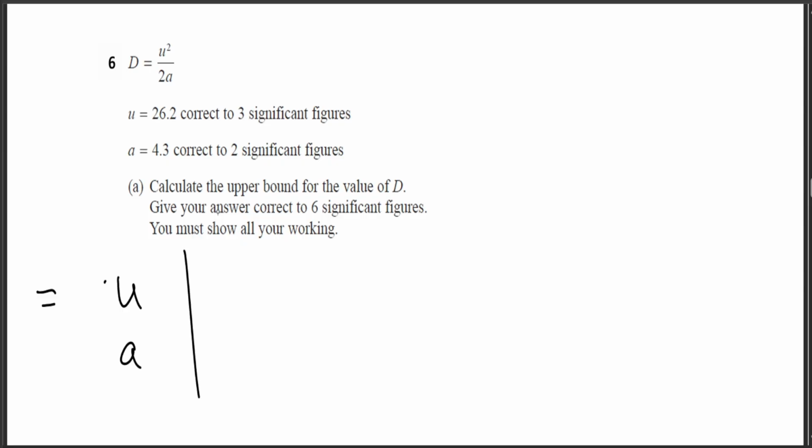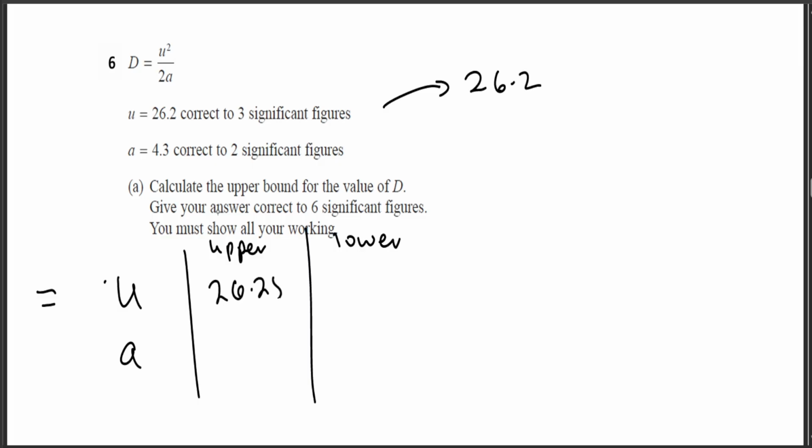Okay, so let's find the upper and the lower. The upper of u, because u is 26.2, is going to be 26.25. The lower of it is going to be 26.15. Just imagine this scenario where you have 26.2 and you have 26.3, you have 26.1.